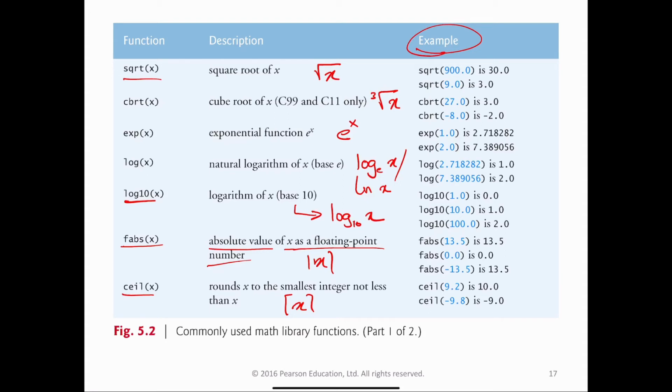So for example, if you pass 9.2 to the ceiling function, the return value will be 10. If you pass it minus 9.8, a negative number, the next largest integer will be minus 9. So take care of that. It's not minus 10, it's minus 9. Minus 10 is less than minus 9.8, right?